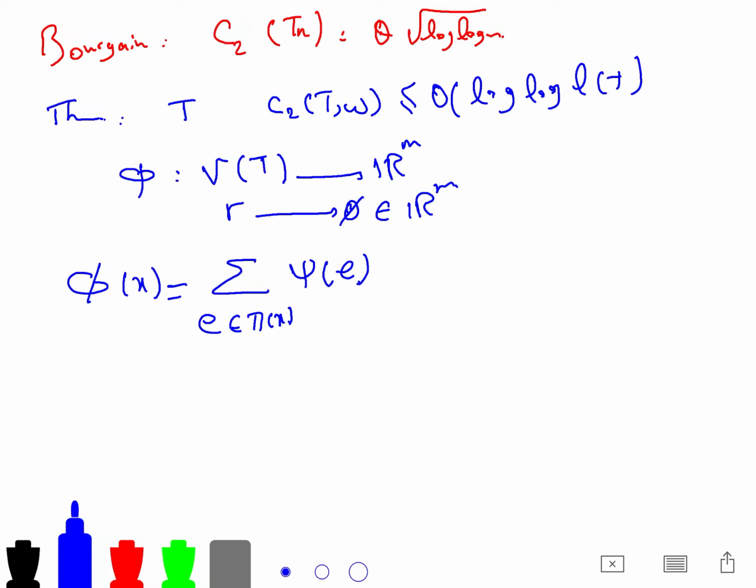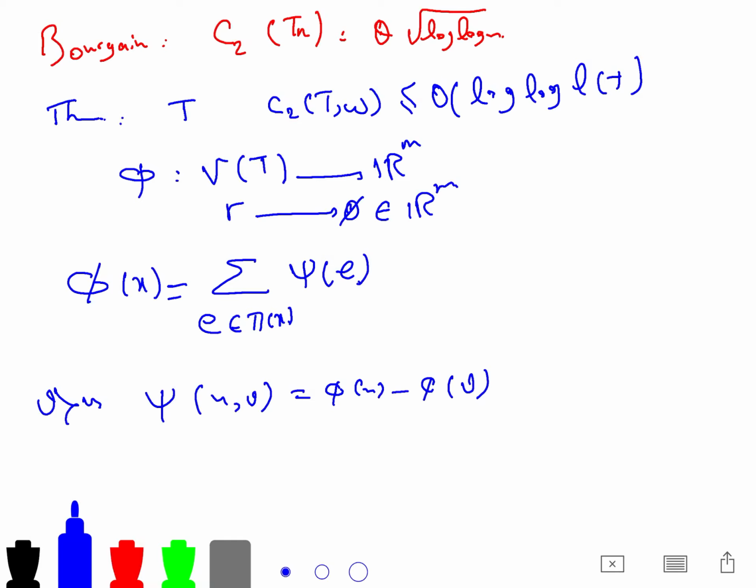You need to know what psi is. For an edge u and v with these orderings, psi of the edge is phi of u minus phi of v.